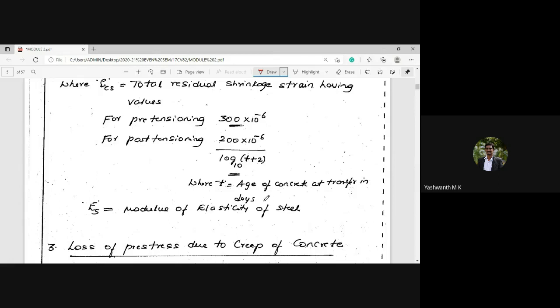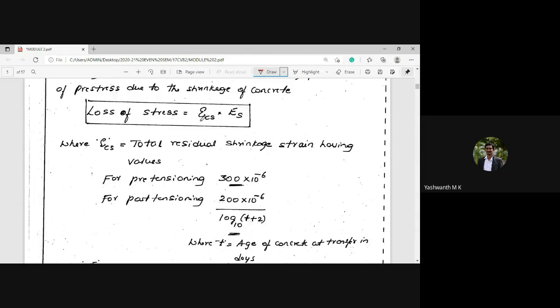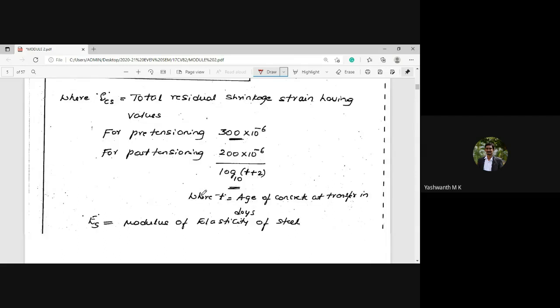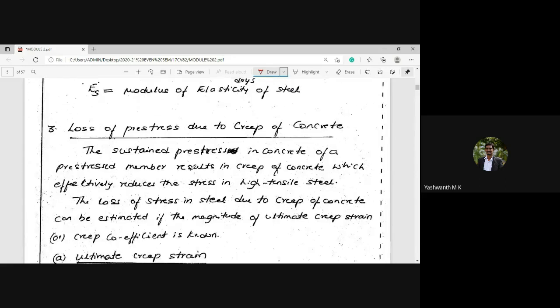Is it clear? These are the two ways I can calculate the loss of pre-stress due to shrinkage of concrete. This epsilon Cs will vary based upon pre-tension and post-tension. Fine.